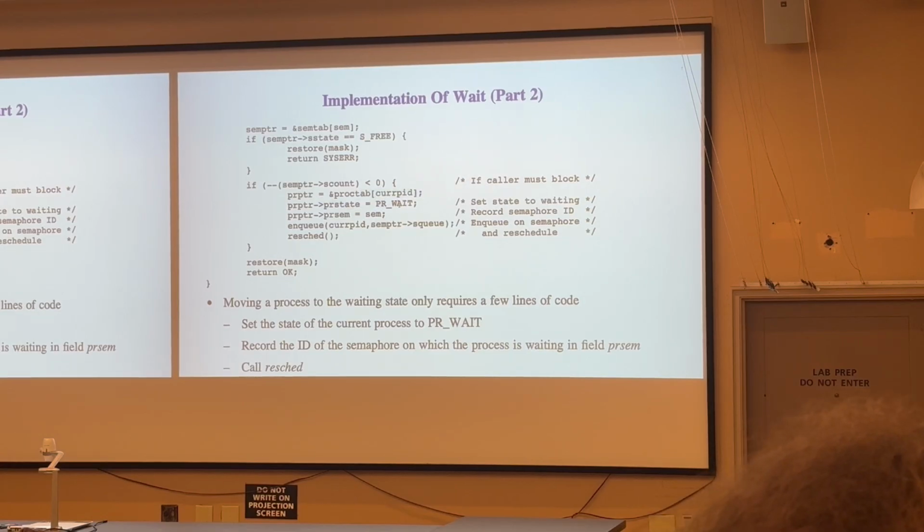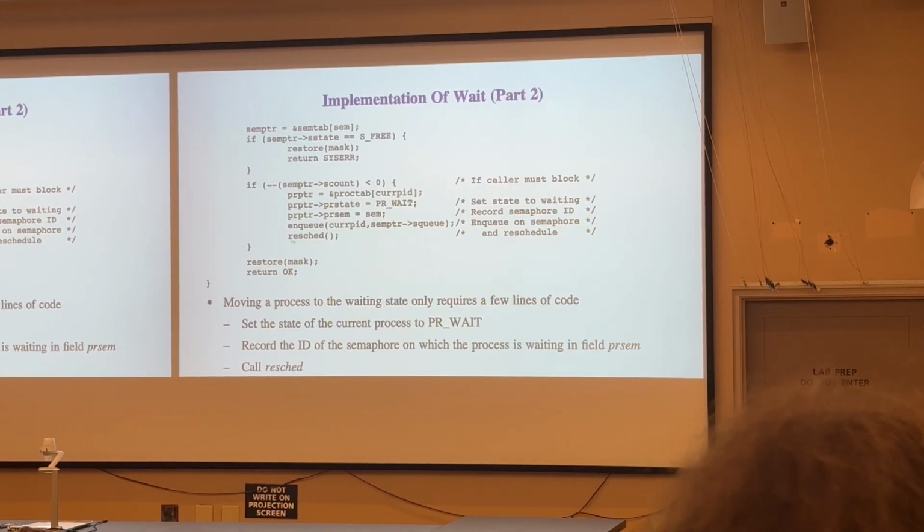If it's smaller than 0, it means that you need to wait. The current process is going to change its state to waiting, record that it is blocked on this semaphore, and enqueue itself, the current process ID, into this semaphore's queue.